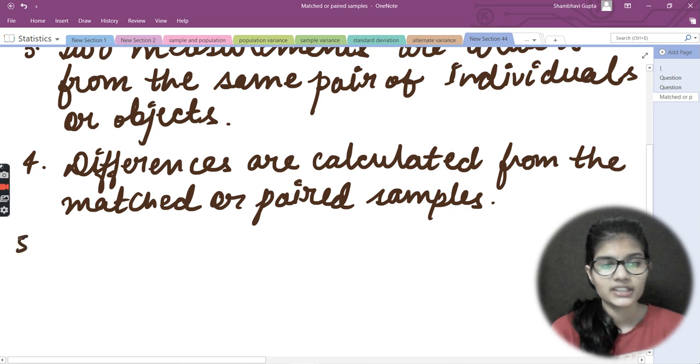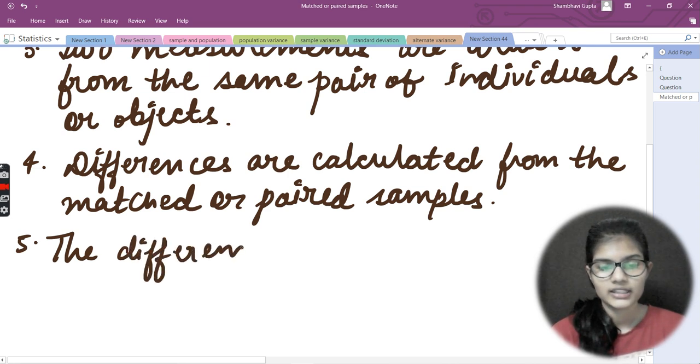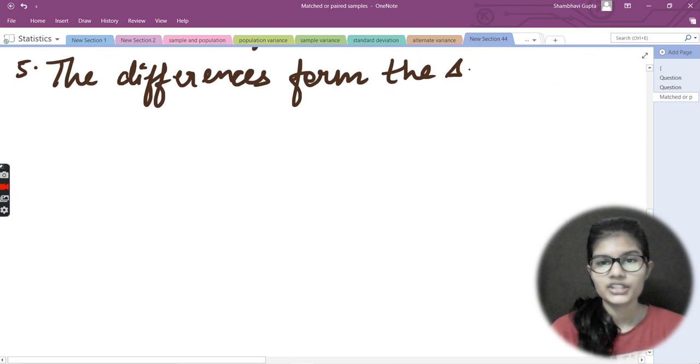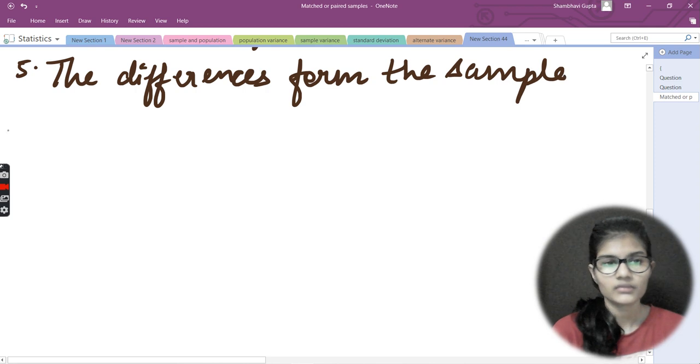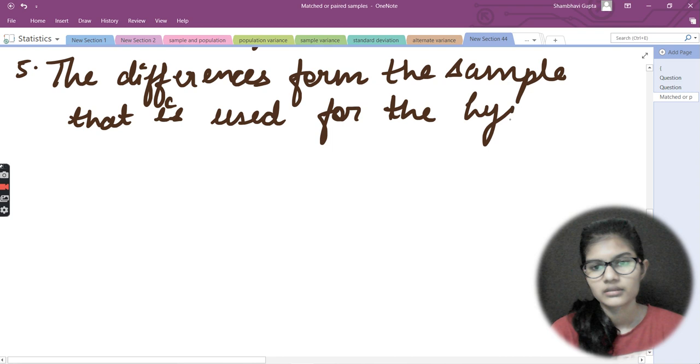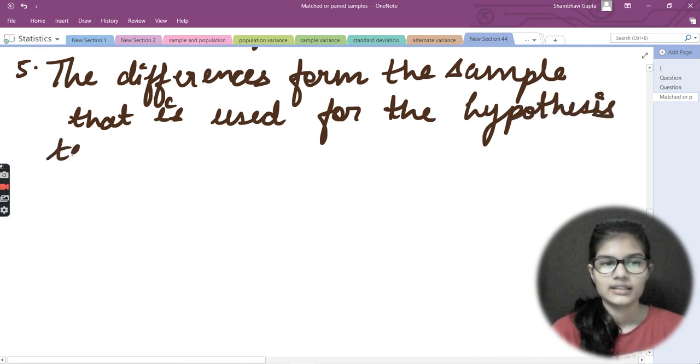After that comes the next point, point number 5. Here it says that the differences form the sample that is used for the hypothesis test.